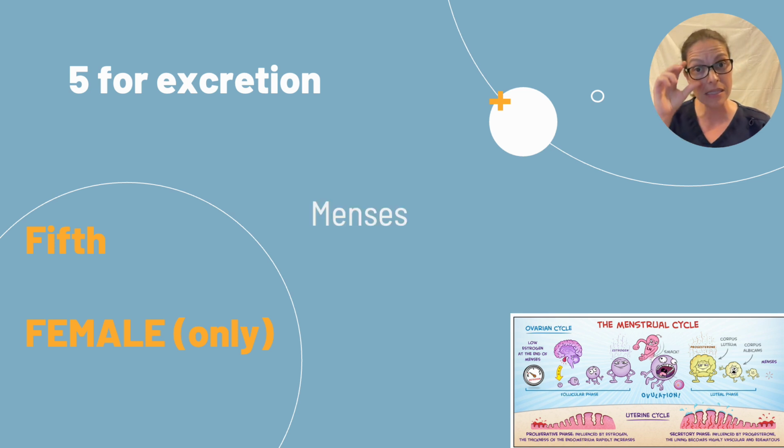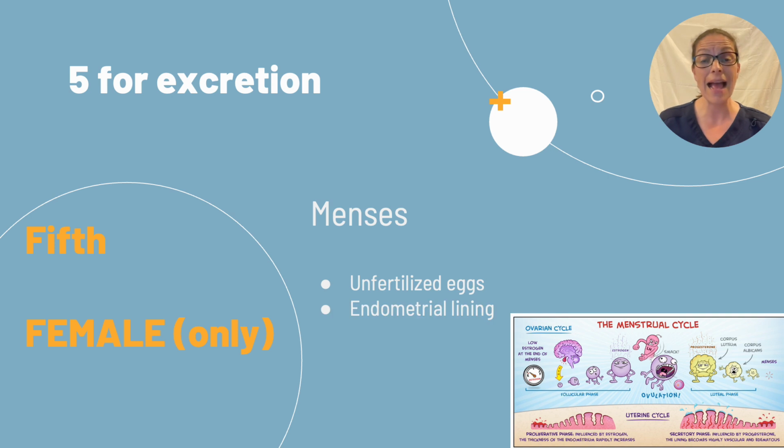Unlike the female system, when we talk about menses, which is the technical term for having a period, this is going to get rid of our unfertilized eggs and the lining of the endometrium. So the lining of the uterus that grows and thickens ready for a baby, and then when there is no baby, we have to get rid of it in order to grow a healthy new lining each month. So although the male does have a waste product, or it can be a product that can be wasted, it is not excreted for the purposes of excretory system definition.